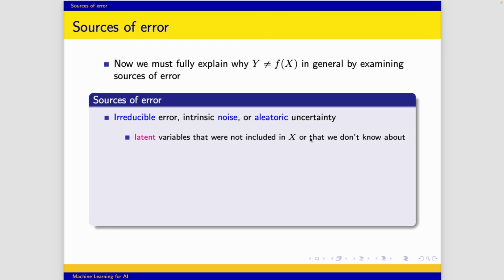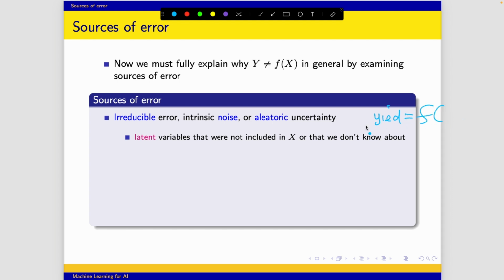What do I mean by that? What I mean is if we go back to our experiment in the lab, the yield could be a function of, let's say there's no error whatsoever, right? There's no measurement error, there's no other source of noise.